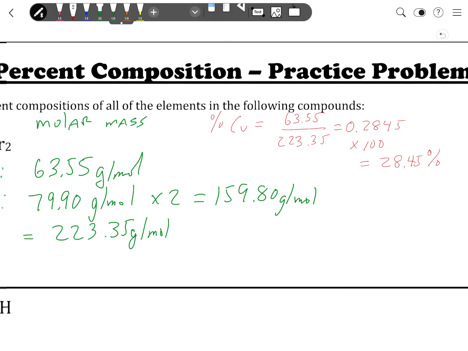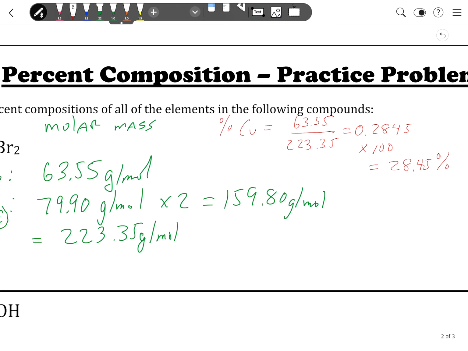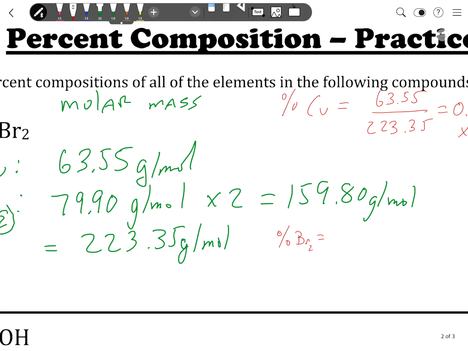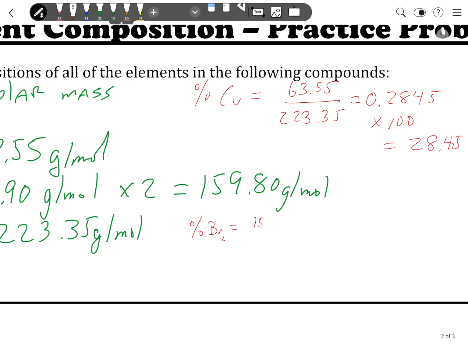Now, if I wanted to do the same thing for bromine, I'll go down here, there's a little more room. Percent of bromine in the compound, we'll take the molar mass for that bromine, which was 159.80, and divide by the total, which is 223.35.